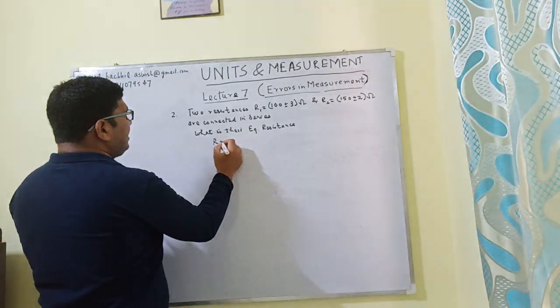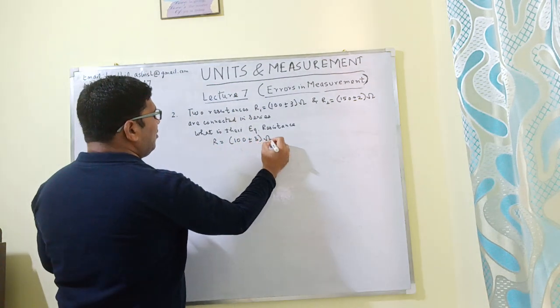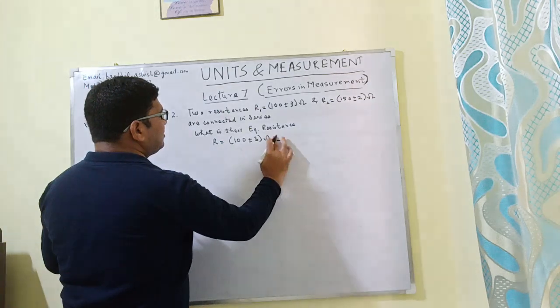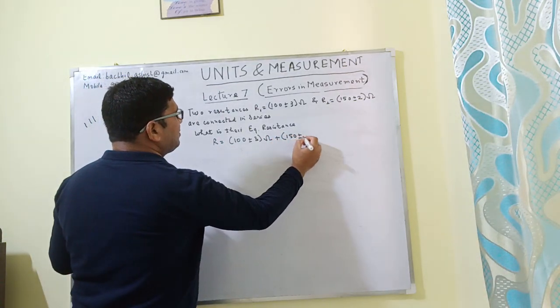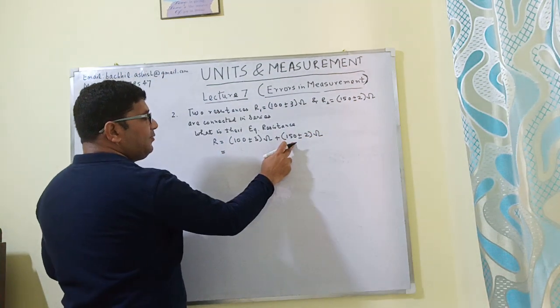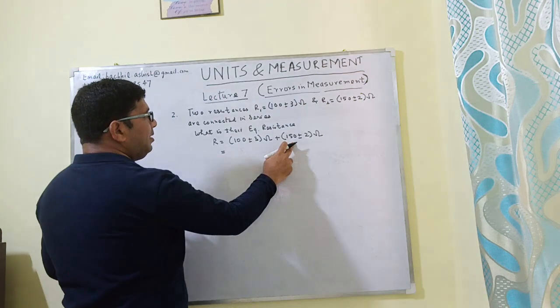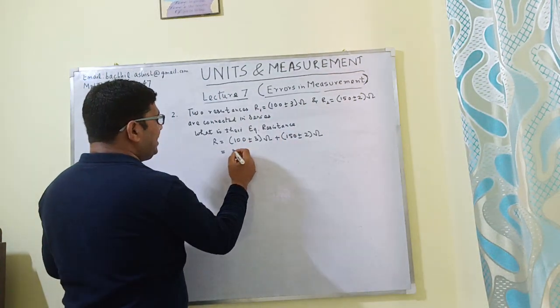So equivalent resistance R is equal to 100 plus minus 3 ohm plus 100 plus minus 2 ohm. So 100 and 150 are the true value of the R1 and R2.